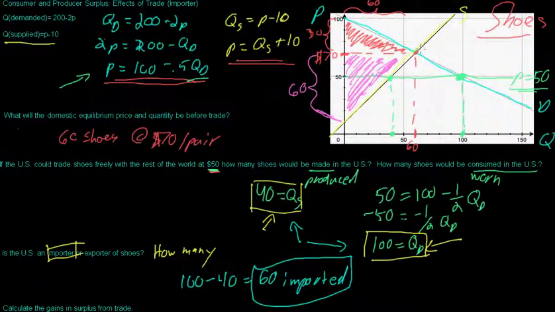With trade, consumers are going to have this gigantic triangle right here that I'm outlining in blue. And you can see that because we're going all the way out to 100 with our imported shoes at a price of $50 per pair of shoes.